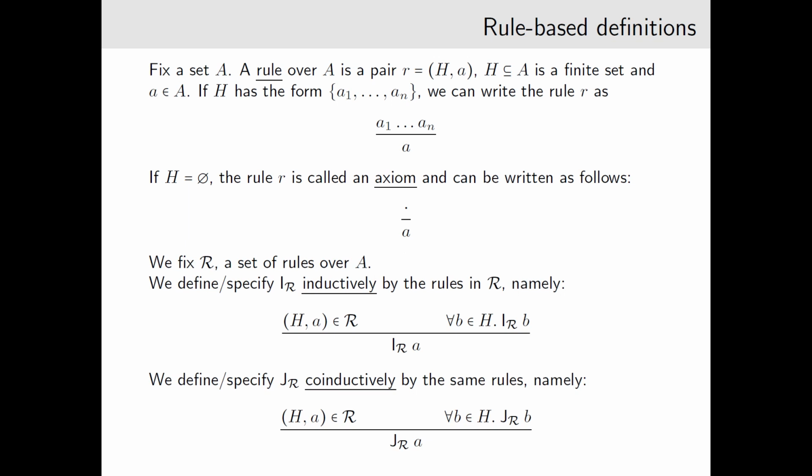And let's fix a set of rules over some set A. So A is going to consist of the elements, the items on which we are making judgments. So we're defining perhaps a predicate on A. And we can define the inductive predicate given by the rules by saying that whenever we have an application of a rule, if the predicate holds for the hypotheses, then it holds for the conclusion.